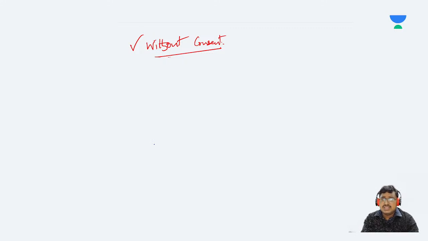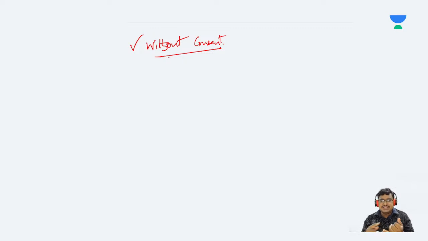Friends, the meaning of consent is the same as under the Indian Contract Act. Okay. Indian Contract Act section 10 speaks about various ingredients. Among those, free consent is one of the essential ingredients for a contract.